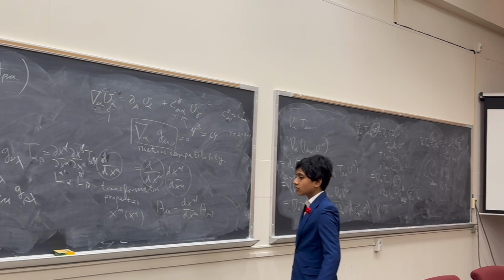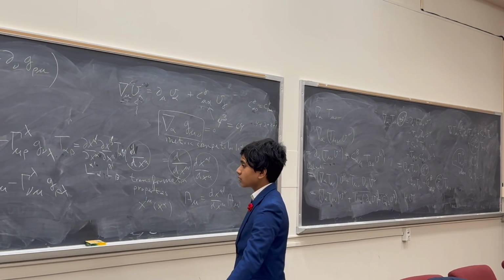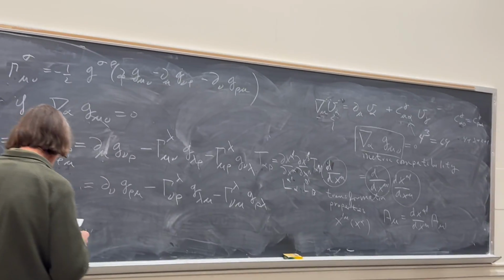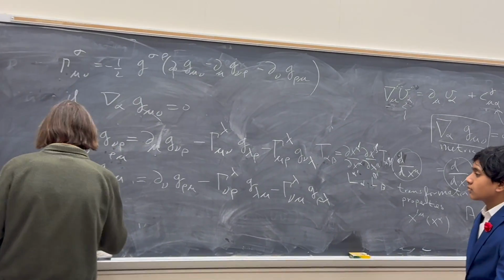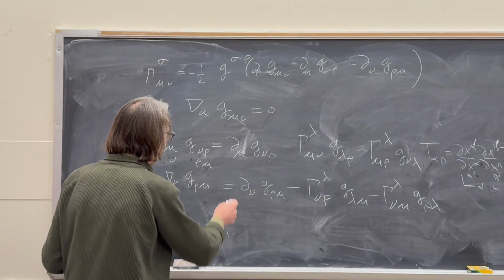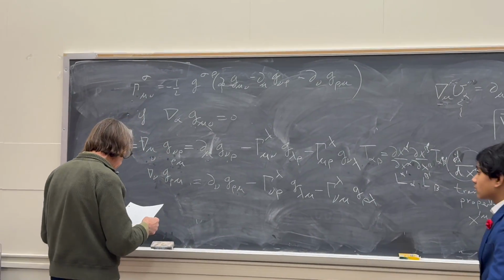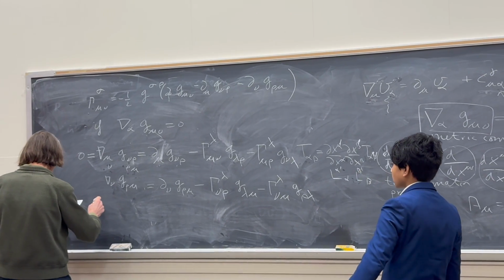Now what you can do is look at the following combinations. If you look at the derivatives, so we have here d mu of this, d nu of that, and we want to do it once more.